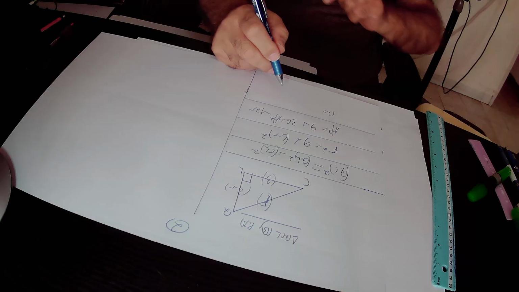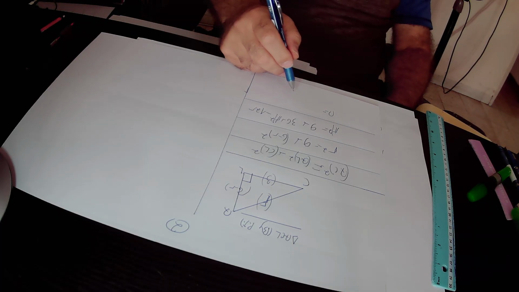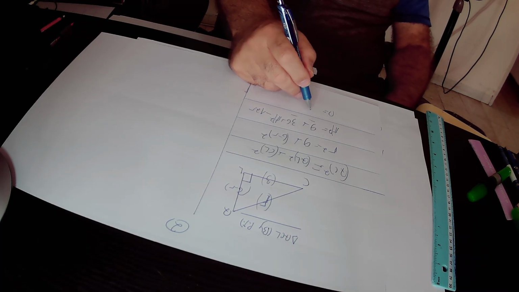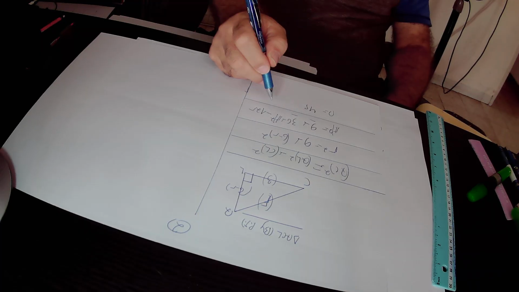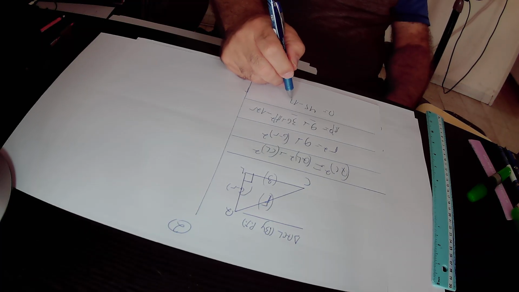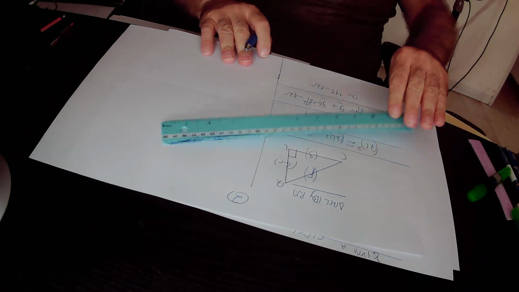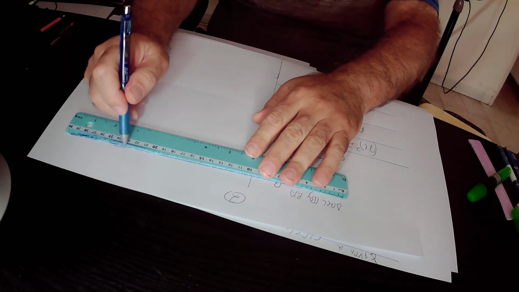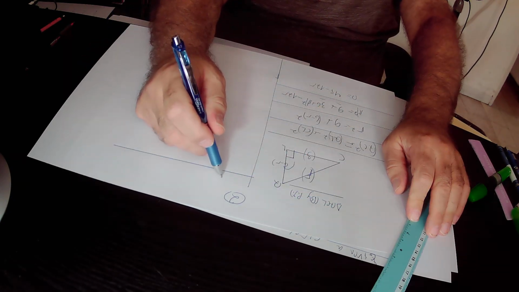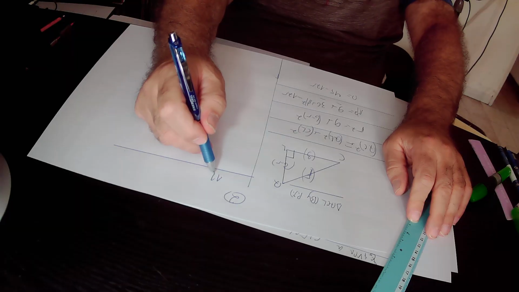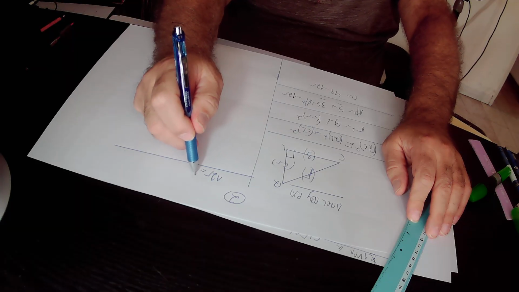While on the other side of the equation, we have 9 plus 36, that is 45, minus 12R. So here we add 12R to this equation. And we get that 12R equals 45.